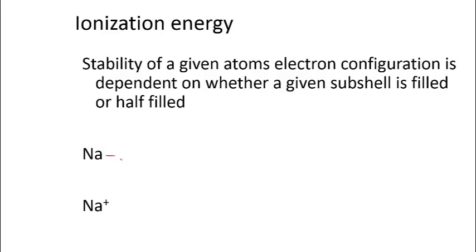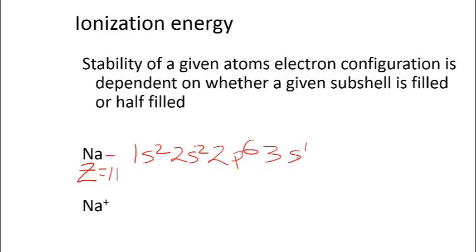Sodium, in its ground state, has an atomic number Z equal to 11, so it's got 11 electrons. And its electron configuration is 1s2, 2s2, 2p6, 3s1.